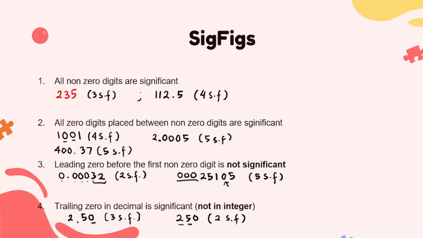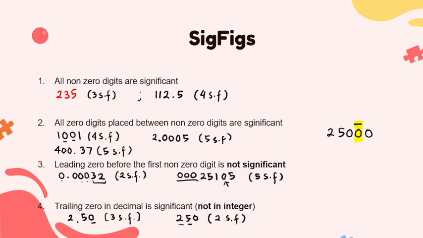Jadi yang ada tandanya nolnya seolah-olah dianggap bukan digit nol. So that's why here in this example we have one, two, three non-zero digits. Jadi dianggap kita punya tiga angka yang bukan nol. And this zero is between the non-zero digits. So that means it's also included as a significant figure. So we have 1, 2, 3, 4.